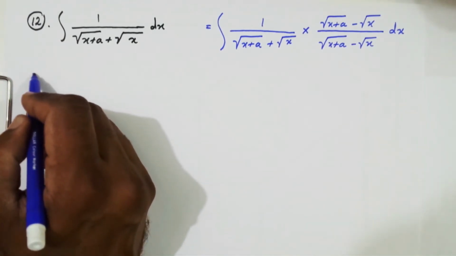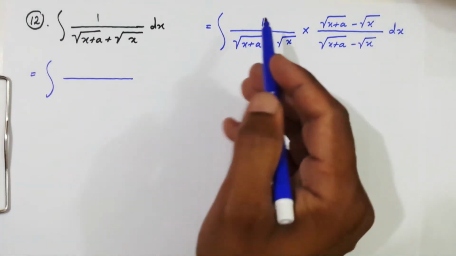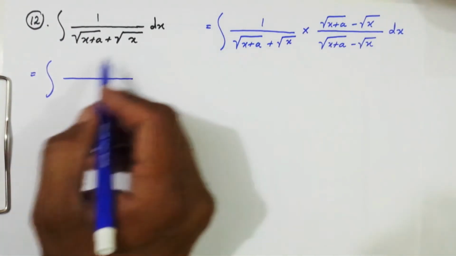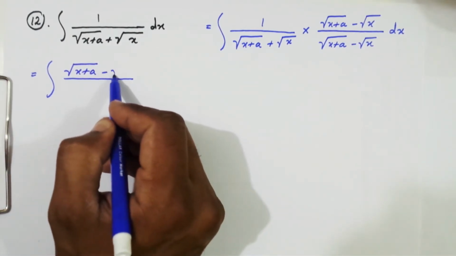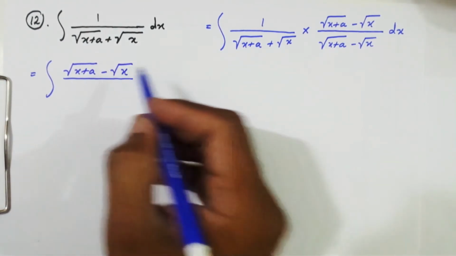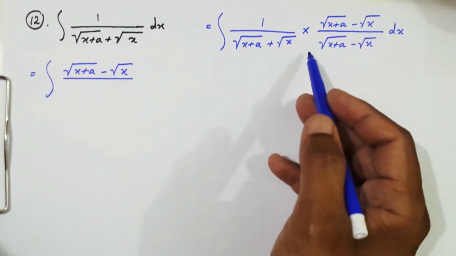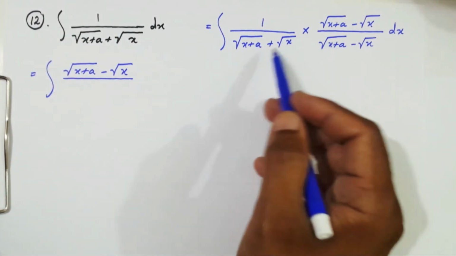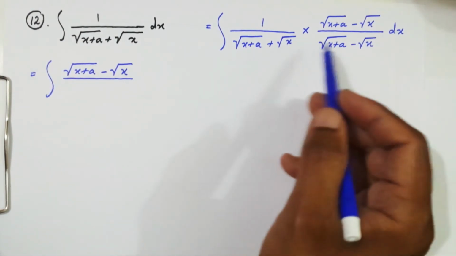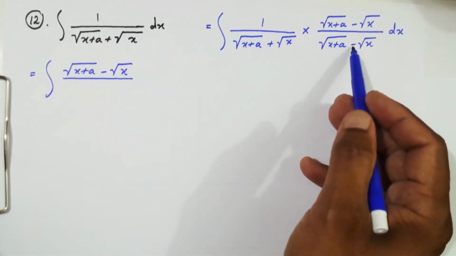So after simplification, 1 multiply these terms as it is. In the denominator, we will apply another formula when both terms are same but their middle sign is different.